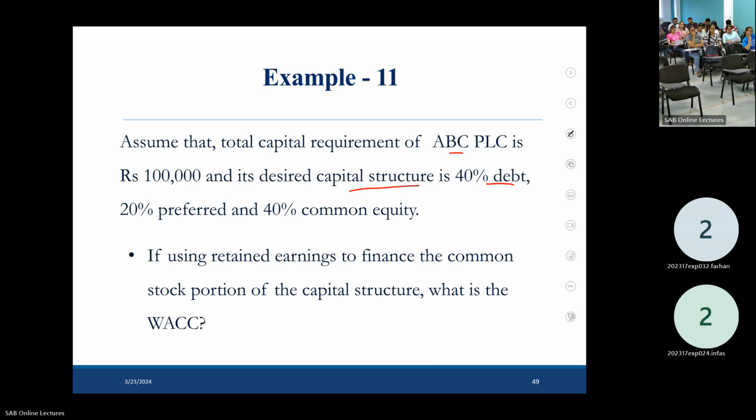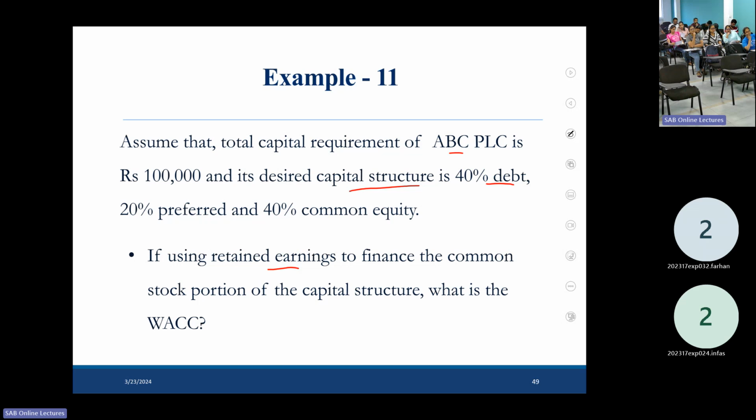So if using retained earnings first, using internal equity first, determine what is the weighted average cost of capital. Under the equity capital, it was given internal equity cost and the new stock issue cost. So just take the retained earnings part, or internal equity, first and calculate the weighted average cost of capital.